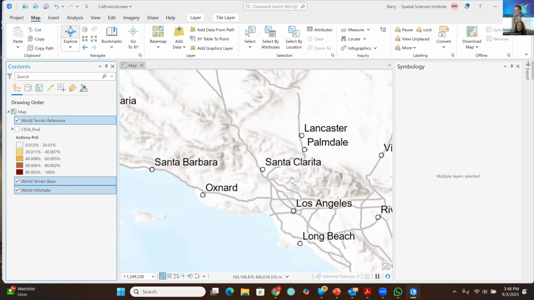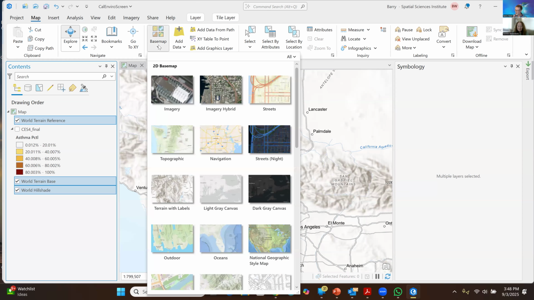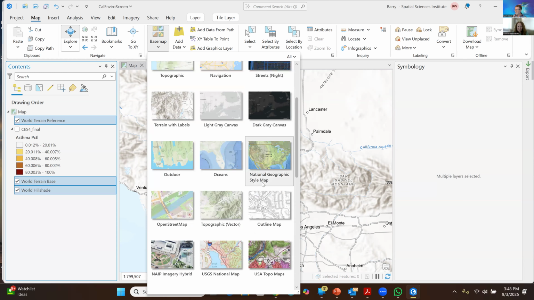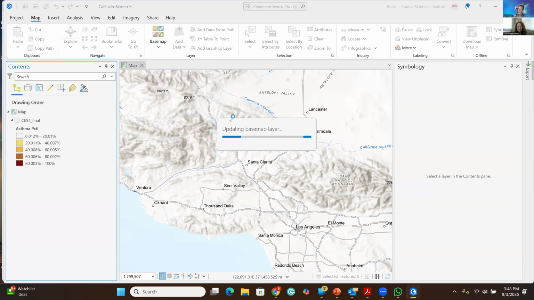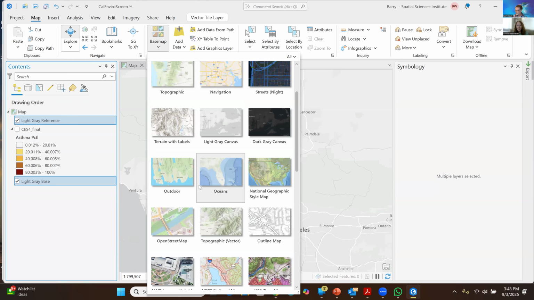You can see each of these has a purpose. And again, it's very easy just to try it and say, oh, no, that's not what I want. That doesn't have a nice look that I need. Light gray canvas is very popular because it goes to the background and whatever you put on top of it is nice and clear. It really helps to emphasize what your layers are on the base map.